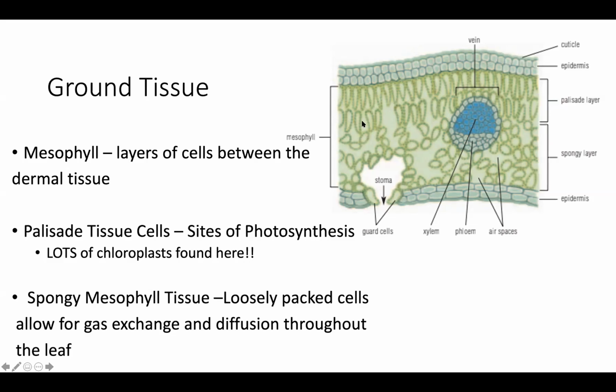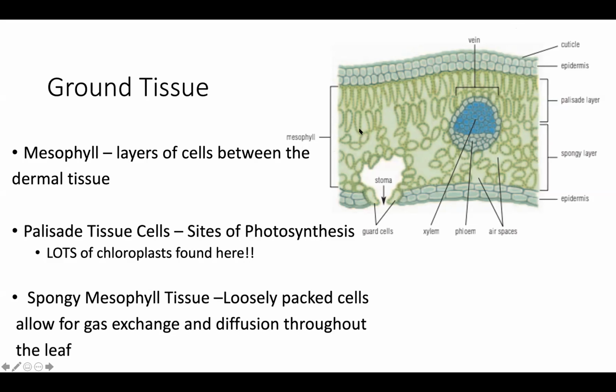So of the mesophyll, you'll have your palisade layer at the top. So these are where the palisade tissues are. And then the spongy layer down here, we're going to see that these cells are packed not as tightly as the palisade tissue layer.